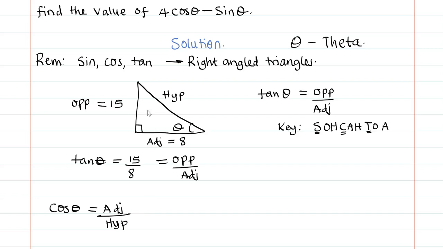What is hypotenuse? Hypotenuse is the longest side. So we need to get that. And also sin theta is opposite out of hypotenuse. So we must find the hypotenuse so that we can get the cosine of theta and the sine of theta.